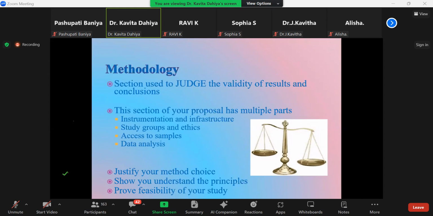All these are very important parts of the research methodology, and you need to mention all of them significantly. Also justify your research method choices, show your understanding of the principles, and prove the feasibility of your study.